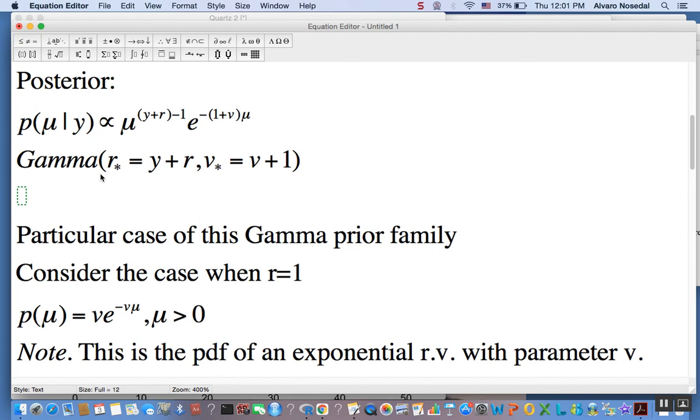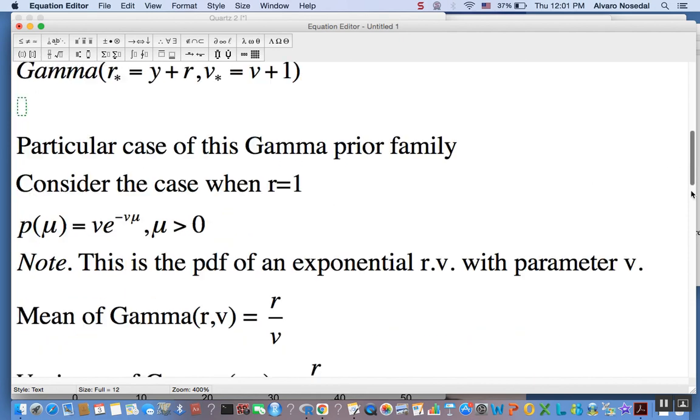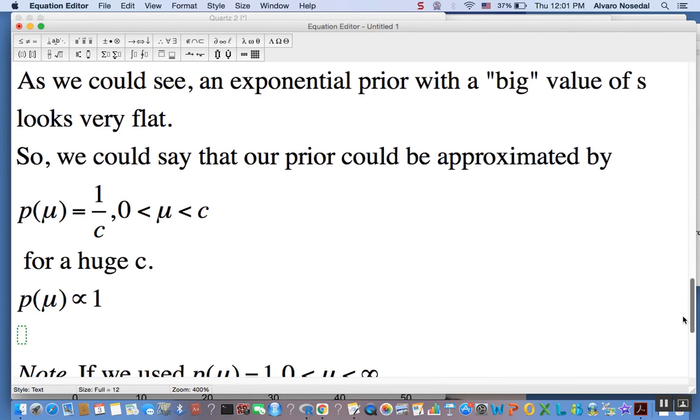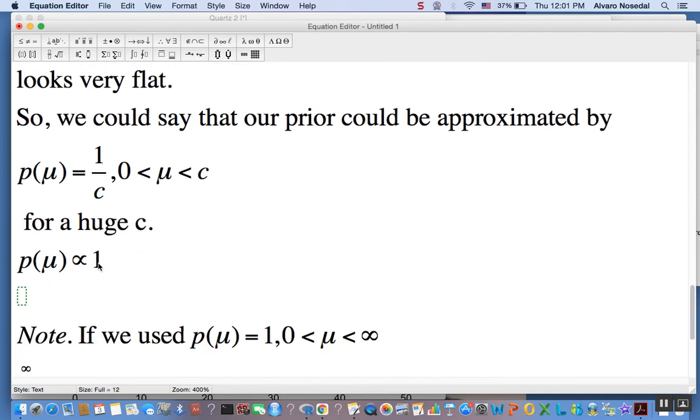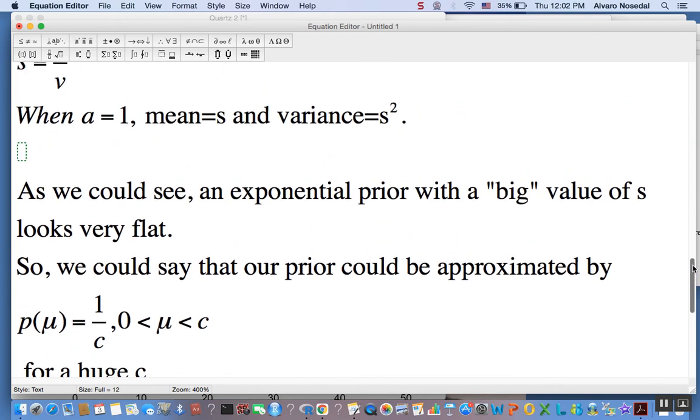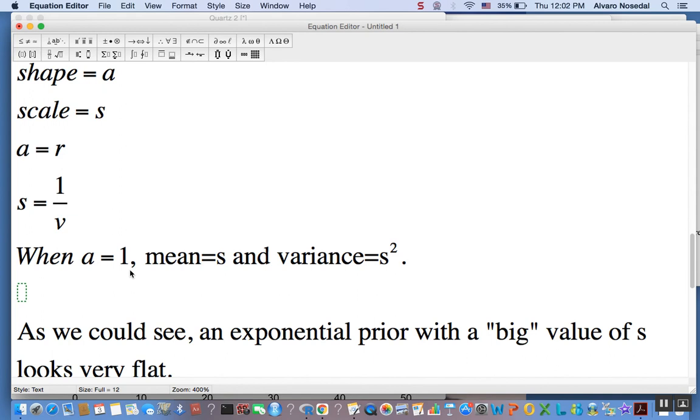Okay, so basically that's what I wanted you to see. Let's summarize what we did here. What I wanted you to see here is that you could think of these improper priors like limit cases of legit probability density functions. In this case, you could think of this improper prior like a limit case for an exponential with a huge parameter s.